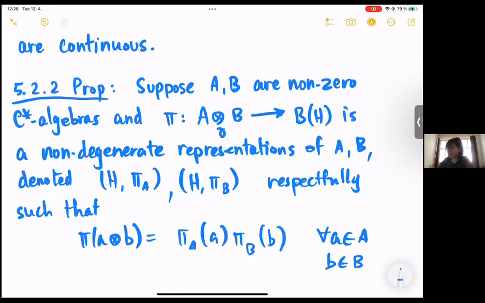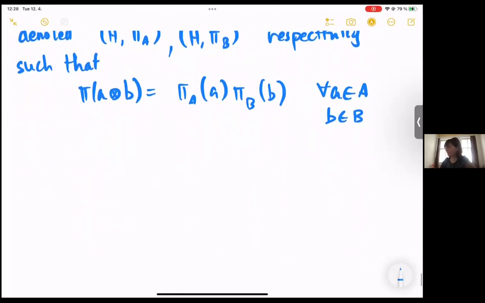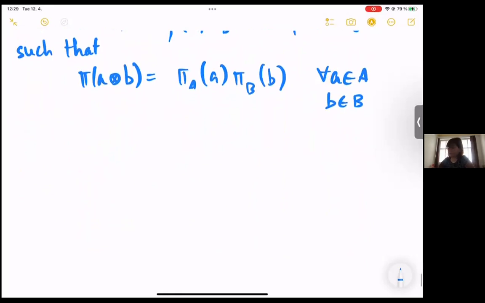Now, from the representation of the tensor product on some H, we can always find representations of A and B on that same Hilbert space. So you can see that representations of A, B, and their tensor product are all related, which is not such a surprise, but something one has to check nevertheless.